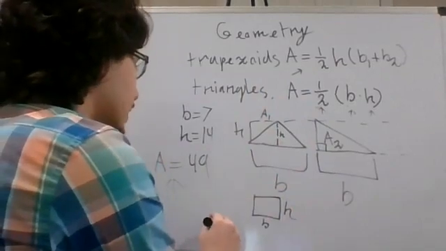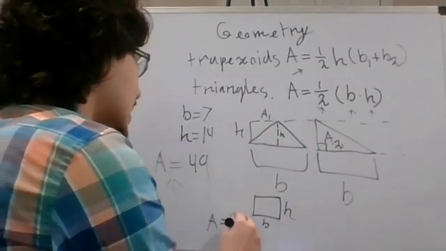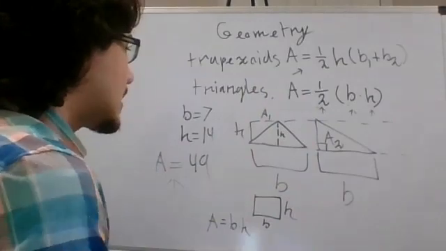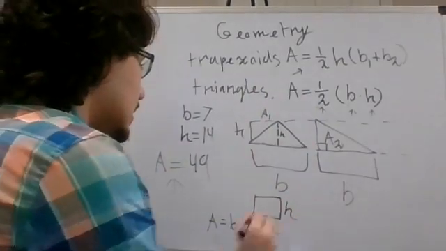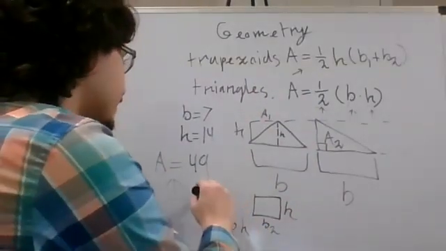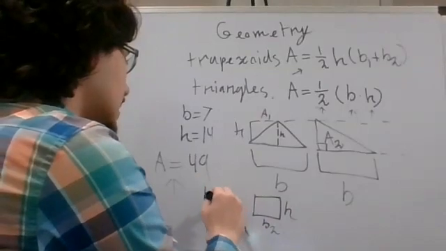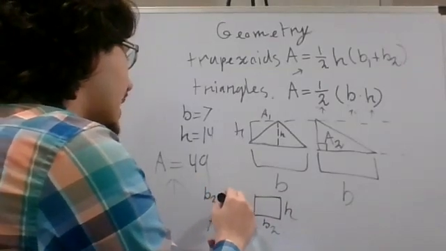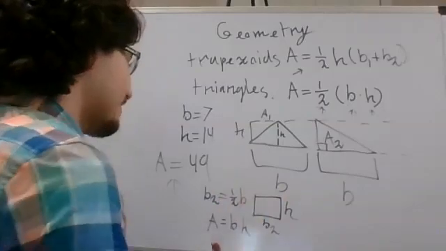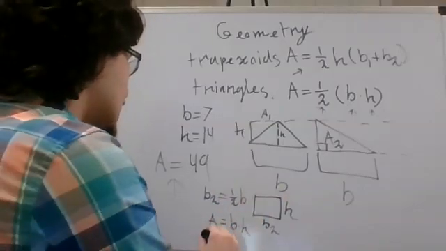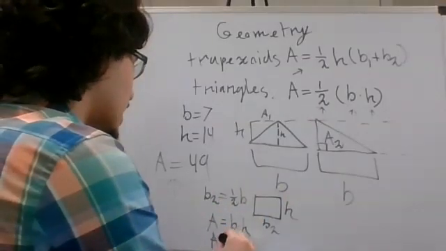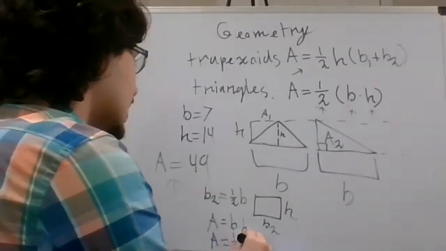And the area of a rectangle is base times height, but the base that we're using is equal to half the original base. So because of this, the area is 1/2 base times height.